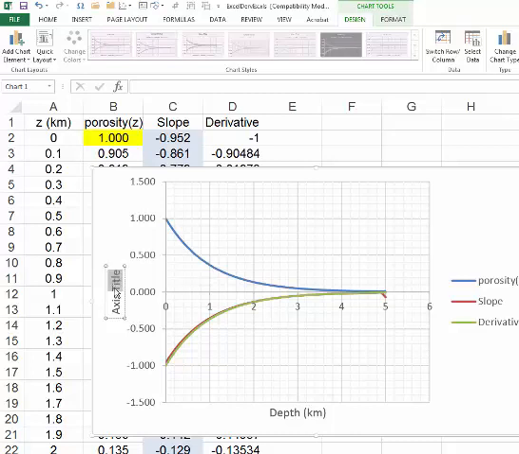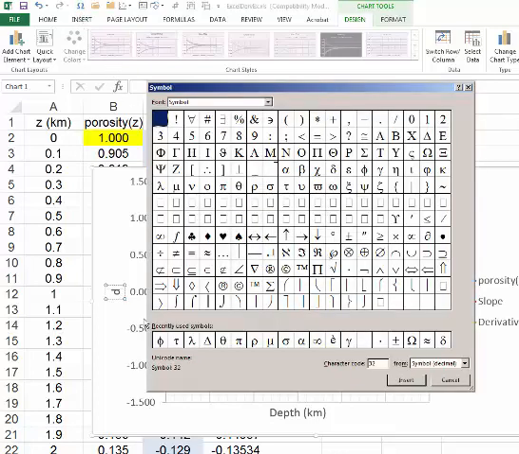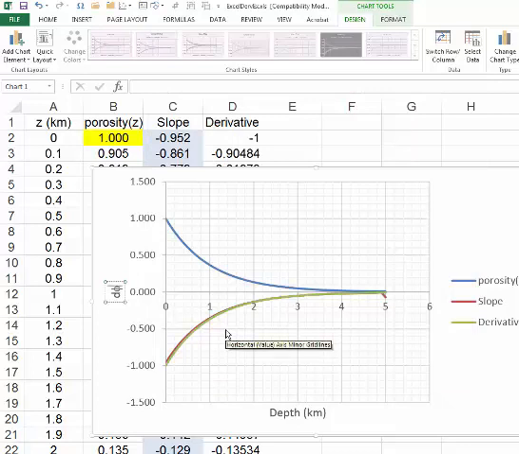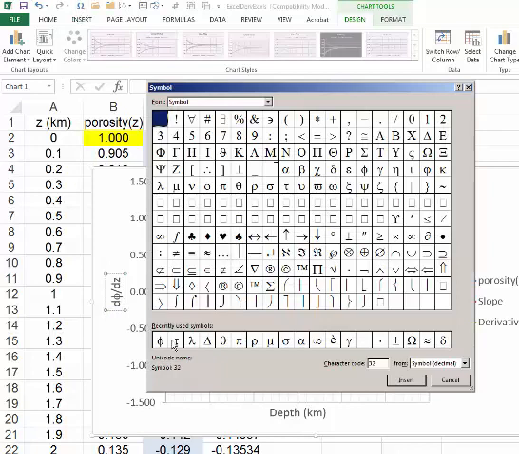Over here we'll have actually the phi dz down here in this region of the graph, and up here we'll have porosity.